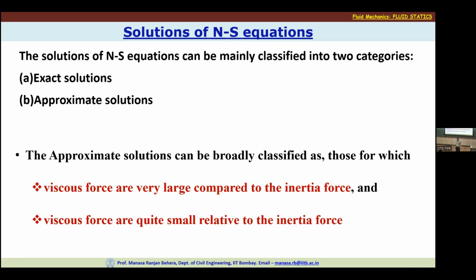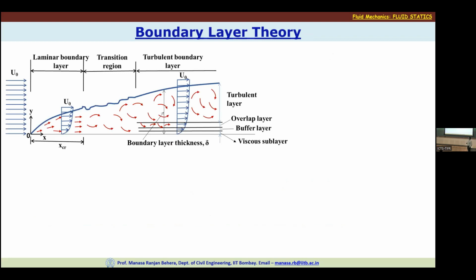Now, if your Reynolds number is very much less than 1 or so, then viscous force is quite strong. But if it is, let us say, 1,000, 10,000, 100,000 and so on, then the inertia force is higher or larger. So when the inertia force is larger, we basically deal with the boundary layer theories.